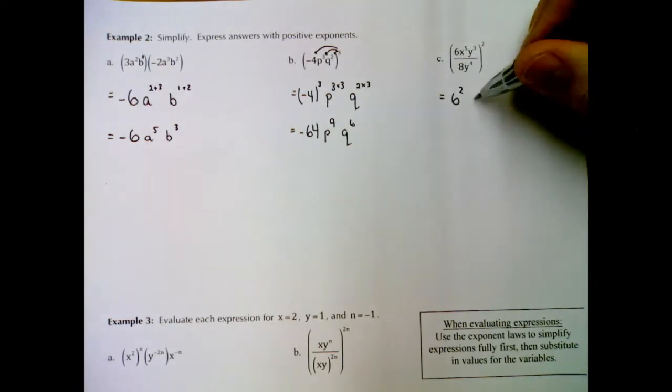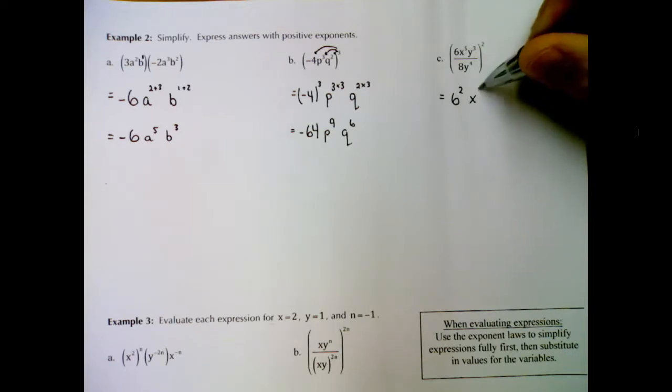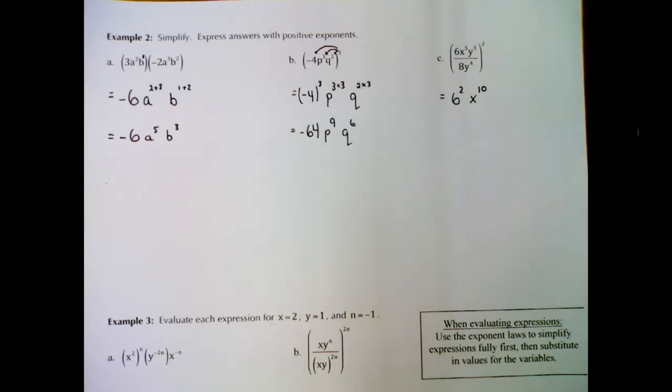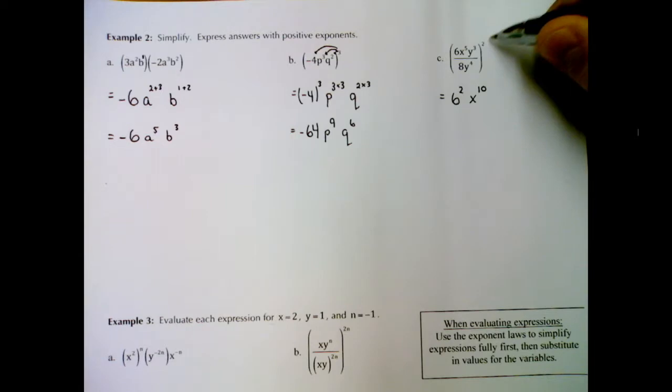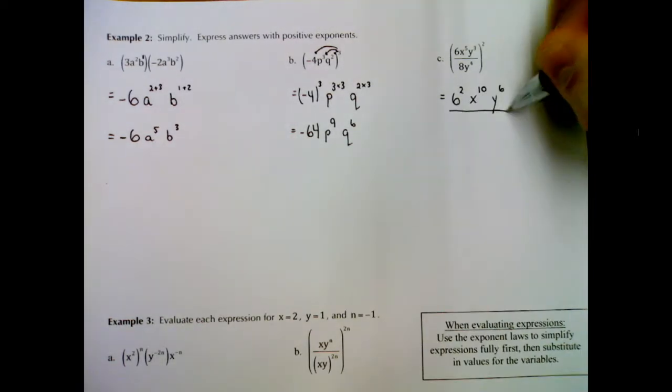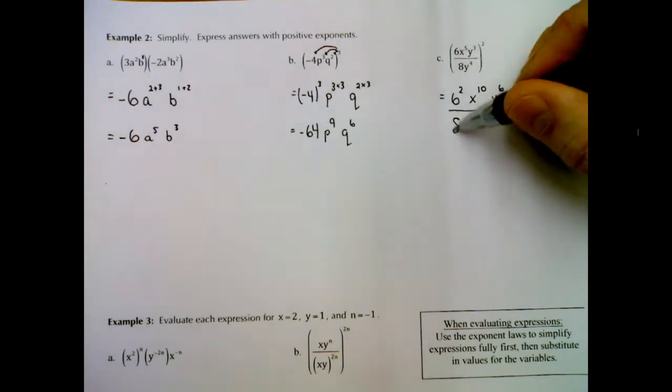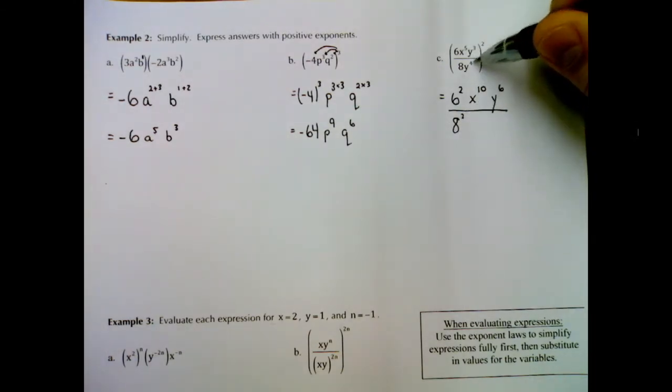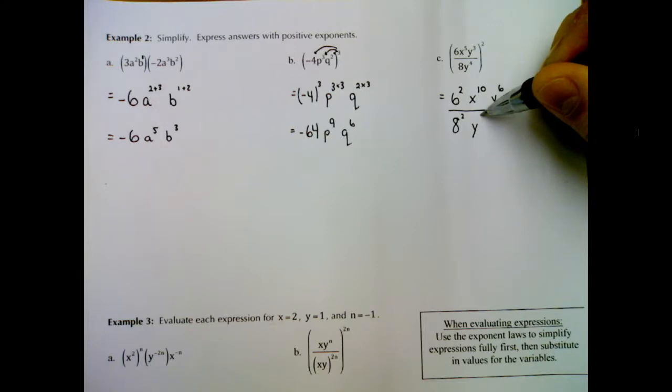Squaring x to the exponent 5 would give us x to the exponent 5 times 2. I'm not going to show the multiplication this time. I'm just going to go right to the answer, 10. Y cubed squared would be y6 over 8 squared and y4 squared, which would be y8.